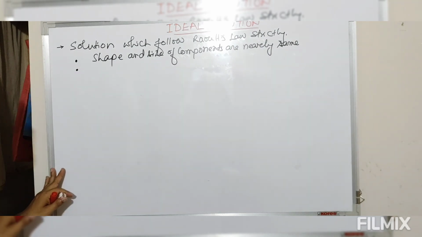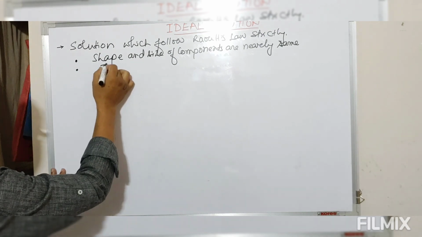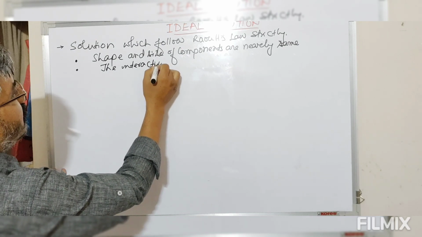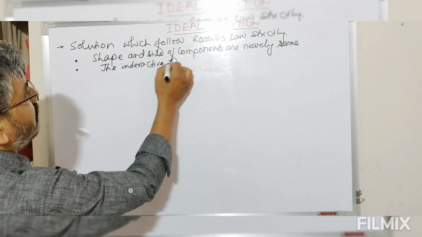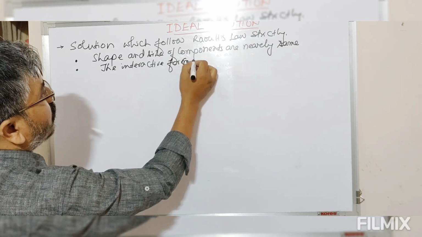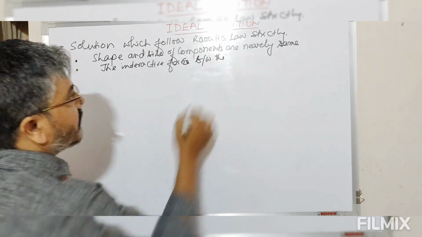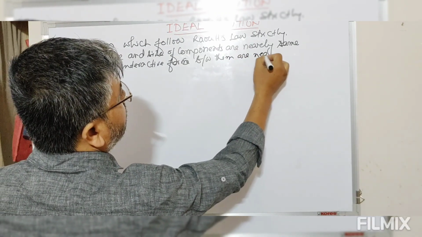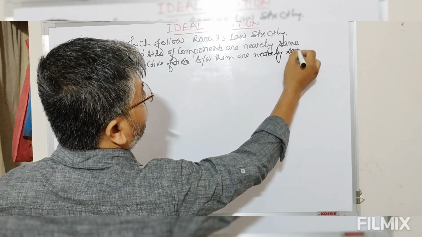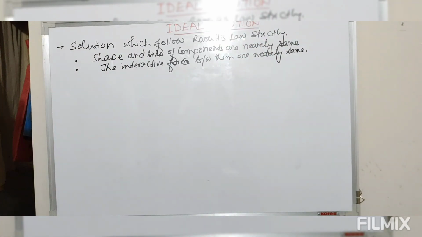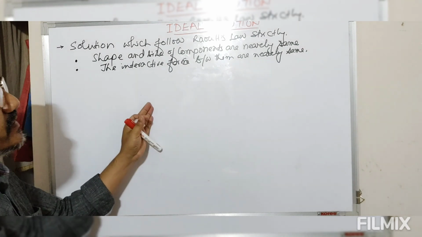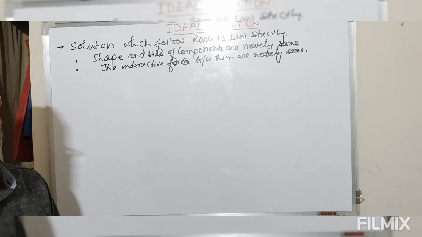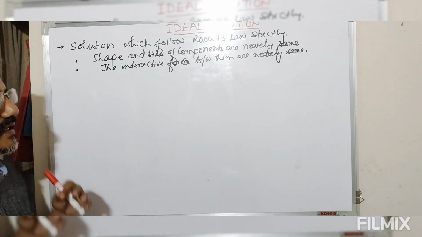Second, the interactive force between the components are nearly same. So if we have this type of condition, then the solution will follow Raoult's law, and the solution is said to be nearly identical or ideal, or simply we say the solution is ideal solution.